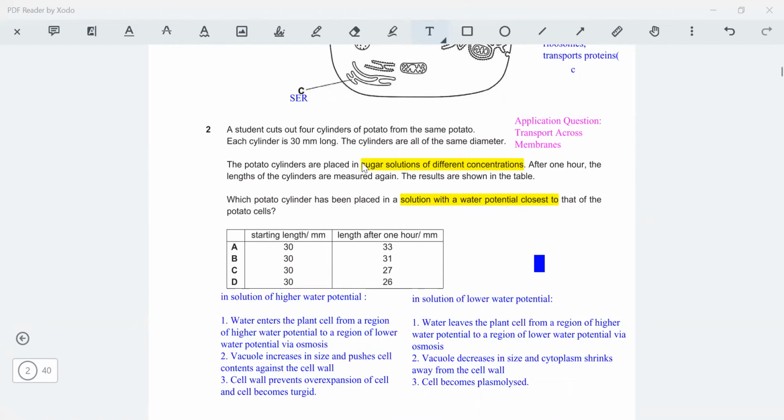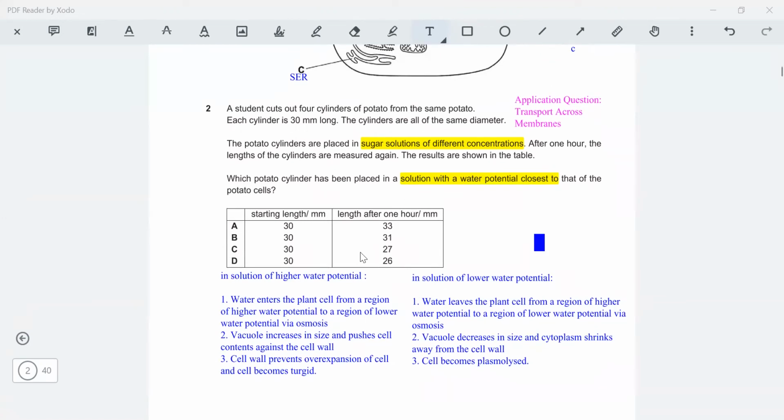you do note that there are sugar solutions of different concentrations, but we need to find a solution with the water potential closest to that of the potato cell. If you do recall your information from osmosis, in solutions of higher and lower water potential, the cell becomes turgid or becomes plasmolysed. So the fact that they become turgid means that they expand in diameter, and when they become plasmolysed means that they shrink in diameter.